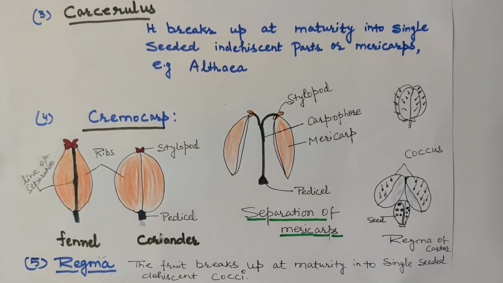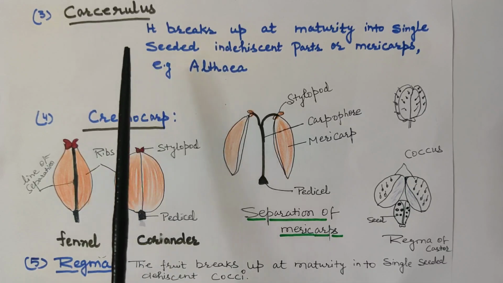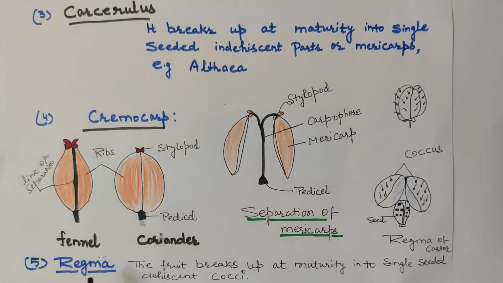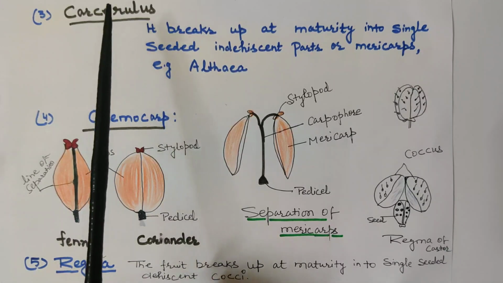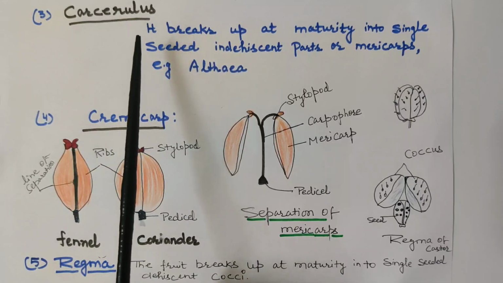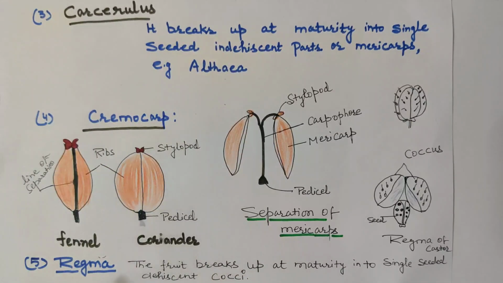And the fifth type is rhegma. The fruit breaks up at maturity into single-seeded dehiscent cocci. The difference between Carcerulus and Rhegma: in Carcerulus, the fruit breaks up on maturity into indehiscent parts, into mericarp, while in case of Rhegma, the fruit breaks up at maturity into single seeded dehiscent cocci.